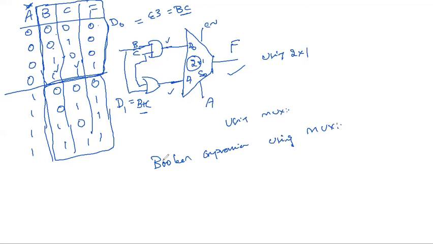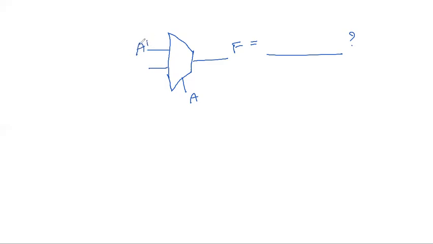Okay, and the last model in this problem is the reverse process of this one. Reverse process means I am giving a multiplexer like this. I give the circuit, and you have to find F. Here I gave variable A, here AB.